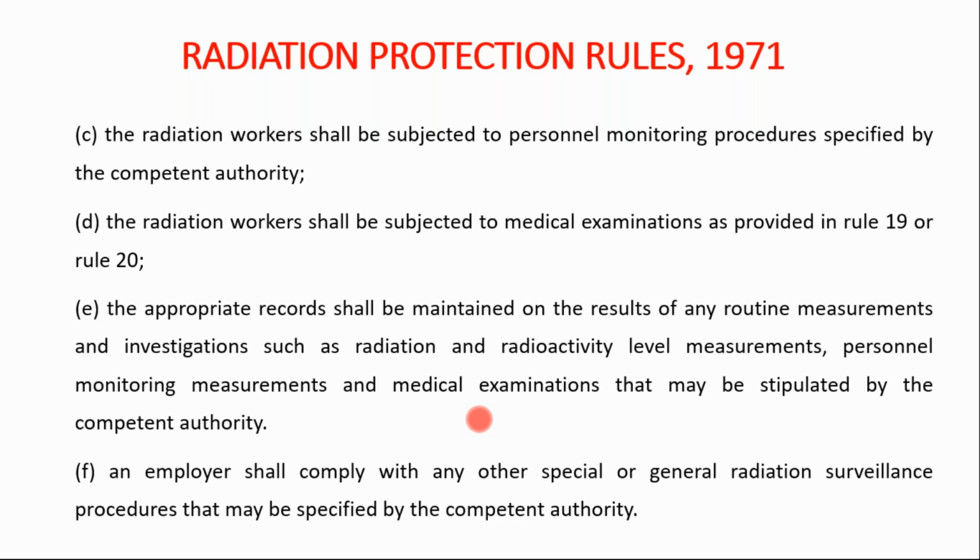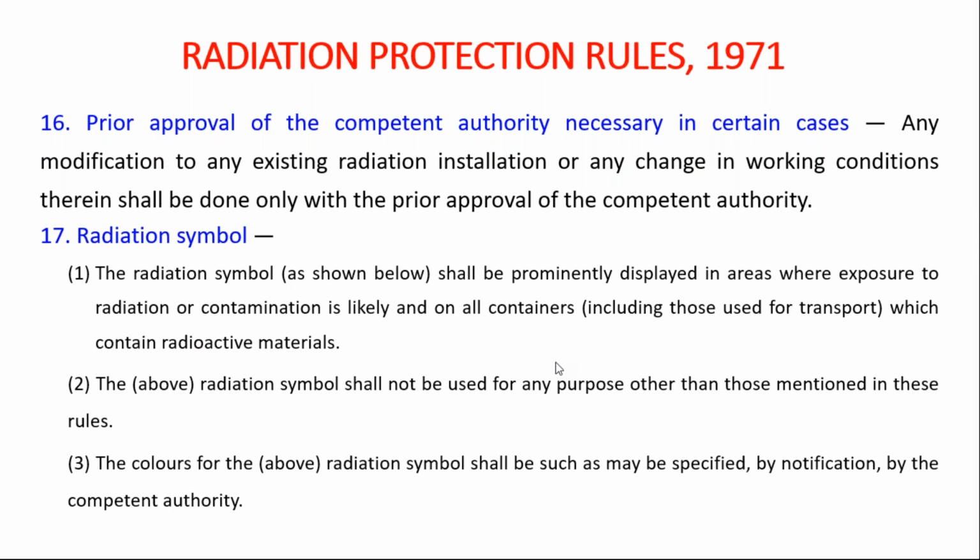An employer shall comply with any other special or general radiation surveillance procedure that may be specified by the competent authority. Then rule number 16 is related to the prior approval of the competent authority necessary in certain cases.